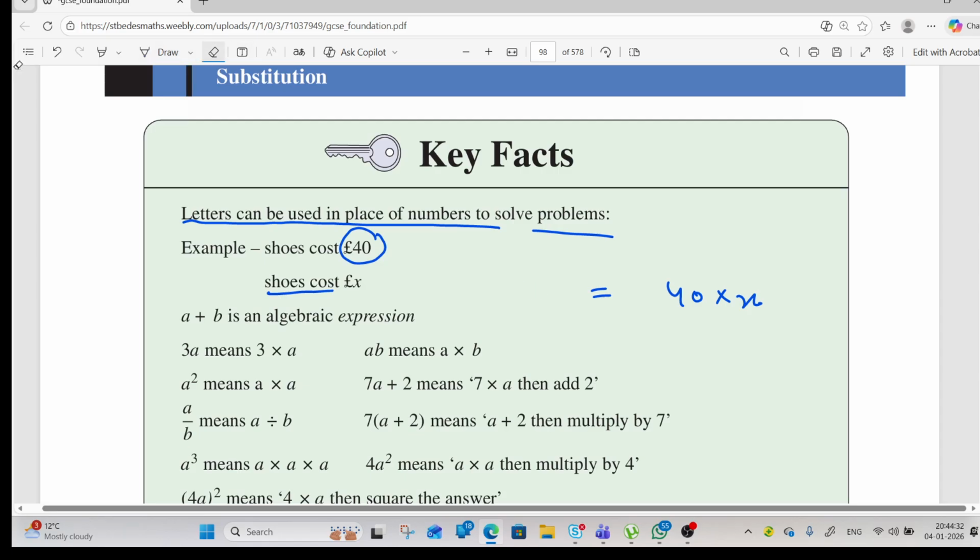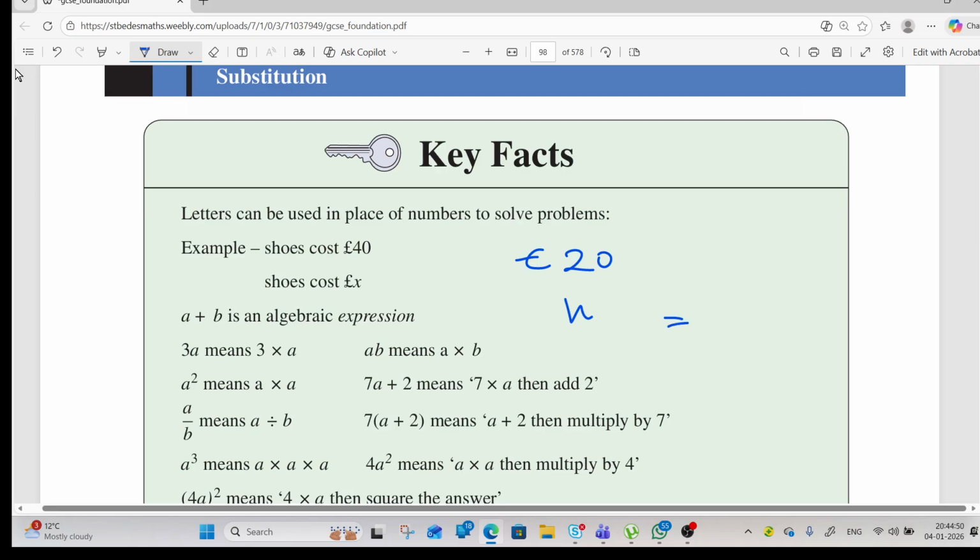Let's say there is a person who gets paid, suppose, 20 pounds per hour. If he works for h number of hours, the amount he will get would be 20 times h, right? So 20 times h we write as 20h.